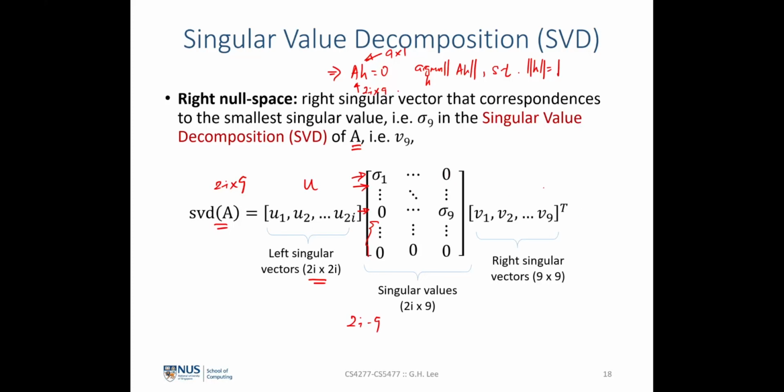And we also have a right singular vector denoted by V, which is 9 by 9.